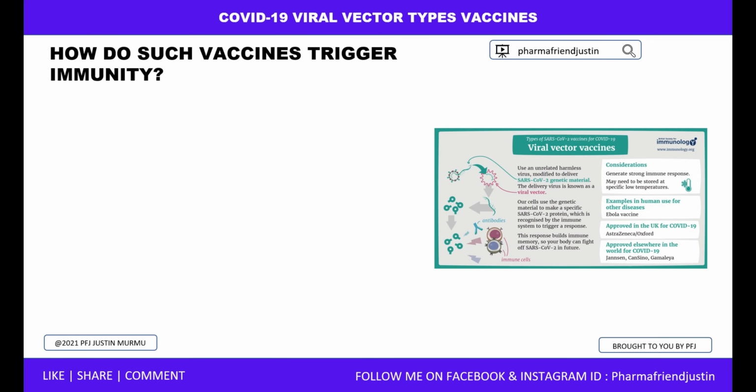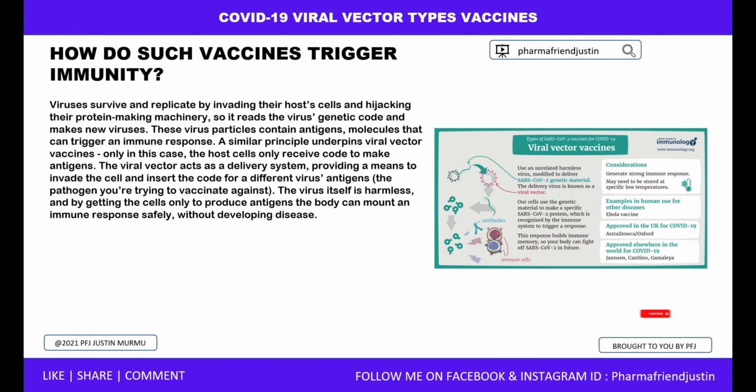How do such vaccines trigger immunity? Viruses survive and replicate by invading their host cells and hijacking the protein making machinery, so it reads the virus genetic code and makes new viruses. These virus particles contain antigens, molecules that can trigger an immune response. A similar principle underpins viral vector vaccines, only in this case, the host cell only receives code to make an antigen.